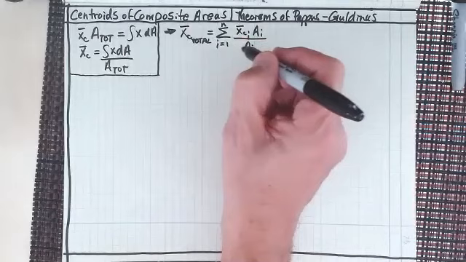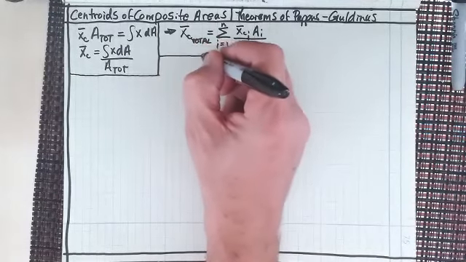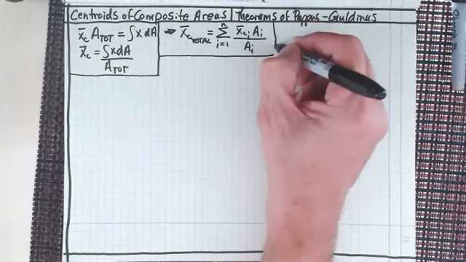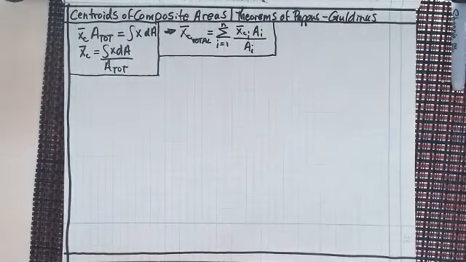And all I've done is extend that out here for composite bodies. And instead of saying I'm just going to use the calculus, now I'm just using a Riemann sum to do the same thing.